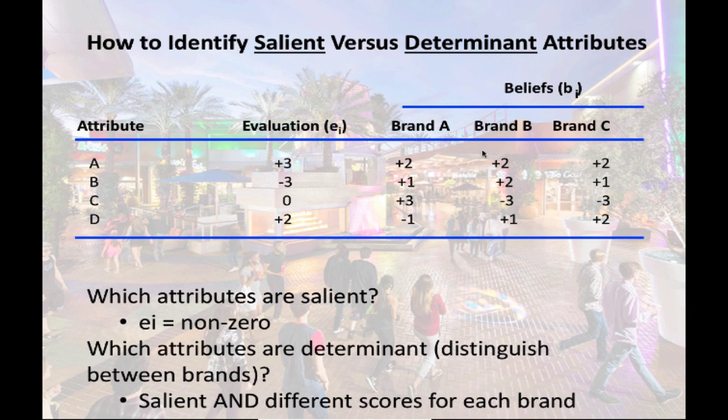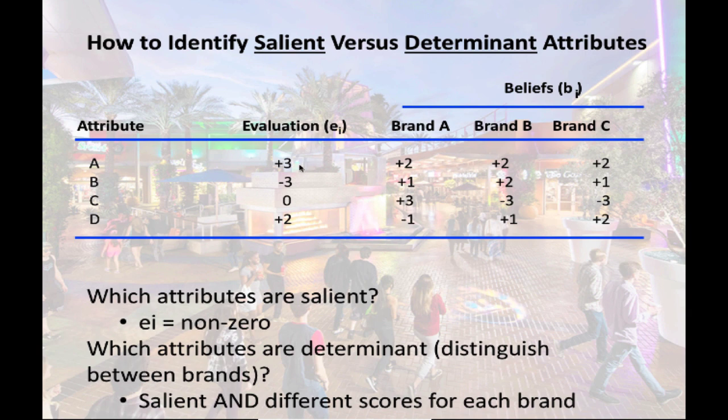Okay, so if we look up here, we can see that we have one non-salient attribute, right? So that's C. So already this cannot be determinant because determinant attributes must be salient. So this right here is ruled out. So we would not bother with trying to change how consumers feel or believe about this particular attribute because it is not salient.